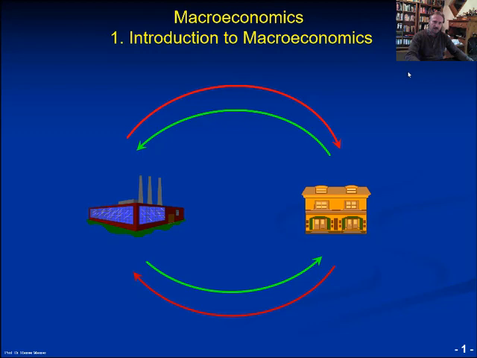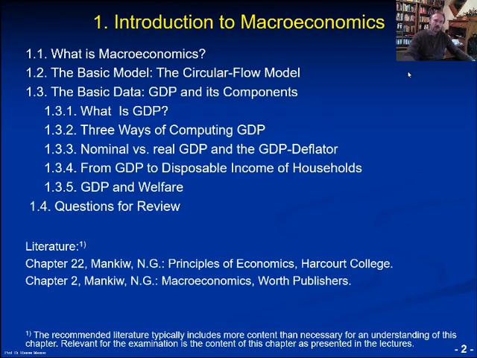Before we start, let me give you an overview about the topics of this first chapter. The first section deals with the question what is macroeconomics, especially with regard to microeconomics, of course.